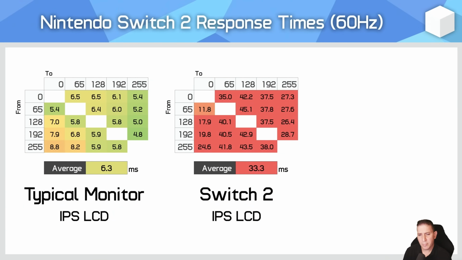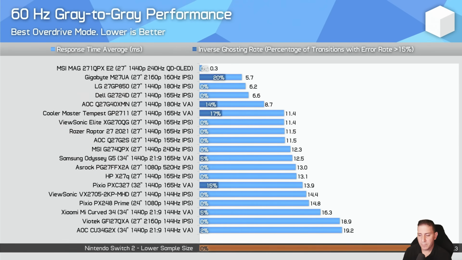And I did find atrocious results. These are gamma-corrected numbers that are measured in the same way we test PC gaming monitors. Using our test methodology, I found an average response time across these transitions of 33 milliseconds, with some transitions exceeding 40 milliseconds. These are terrible results and would make the Switch 2 the slowest screen I've tested by a mile, and that's out of 165 displays tested using this methodology.